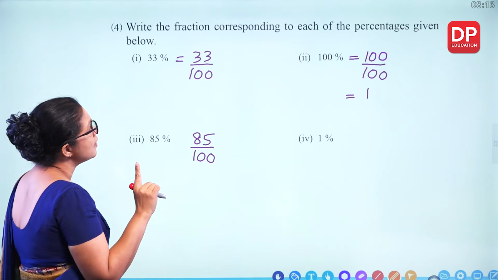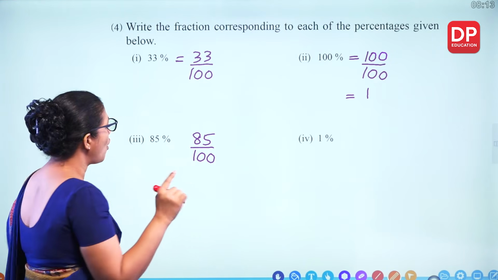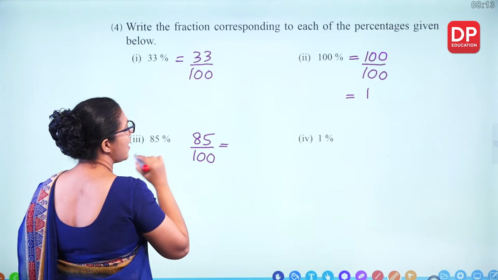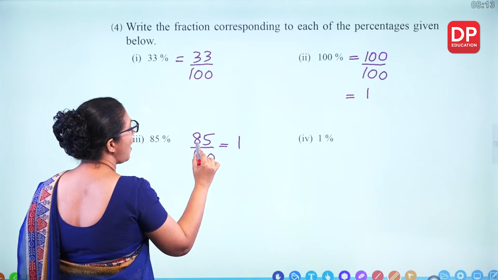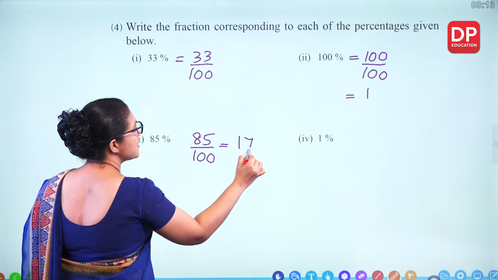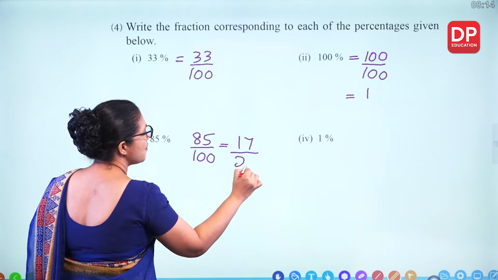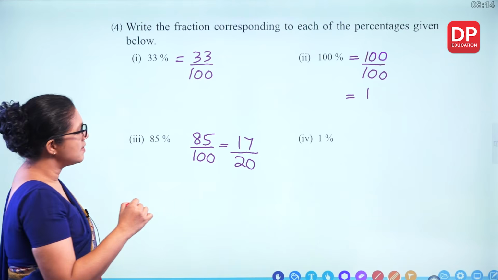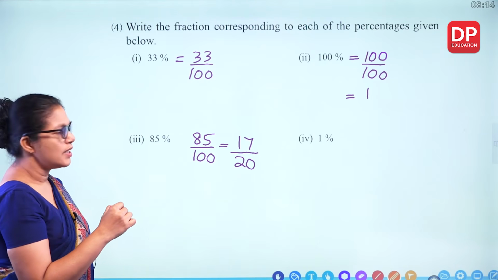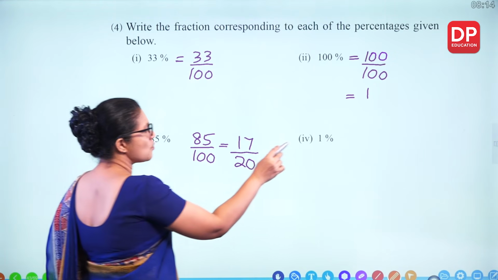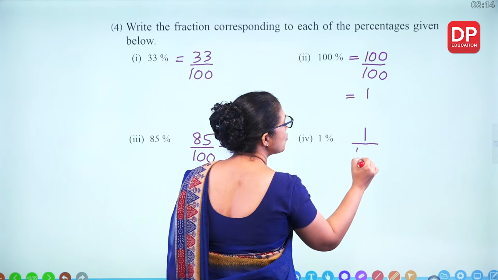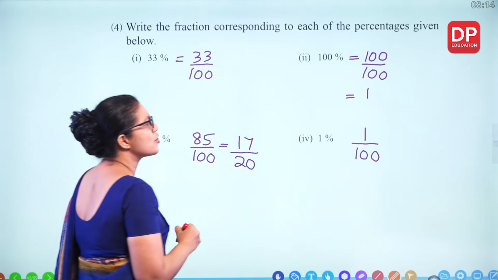If you want to convert to its simplest form, you can divide by 5 and write 5 times 7 is 35, that's 7. 5 times 20 is 100, 17 over 20. This one is 1%, means 1 out of 100 as a fraction.